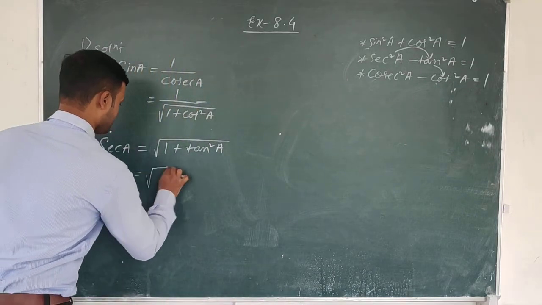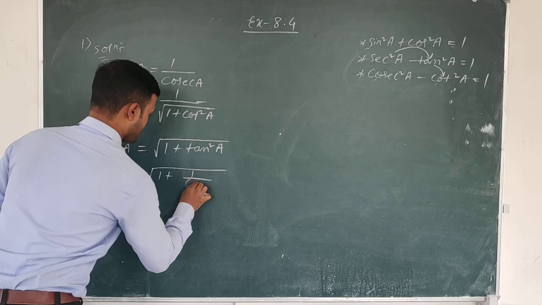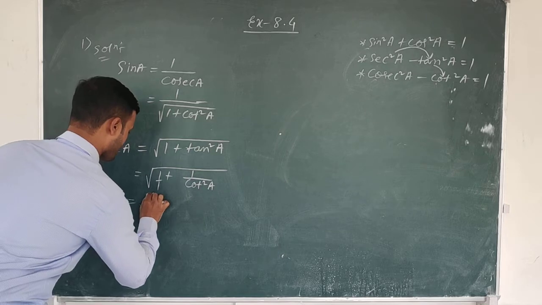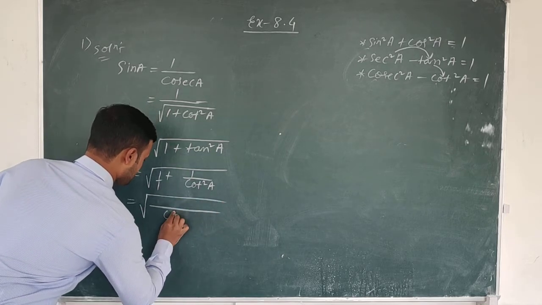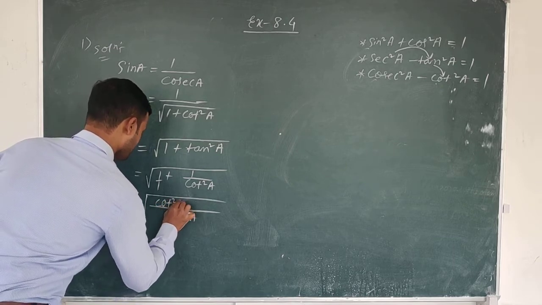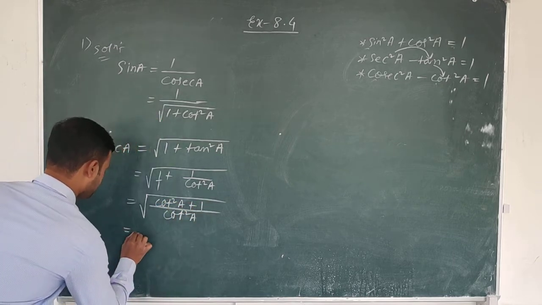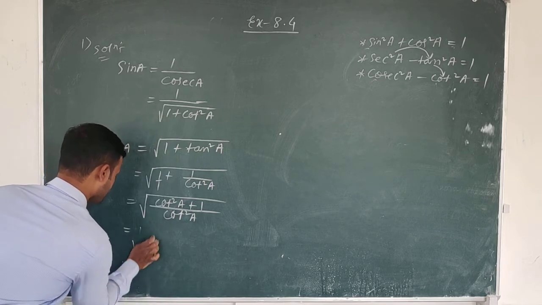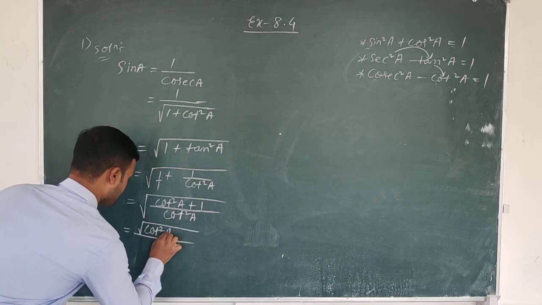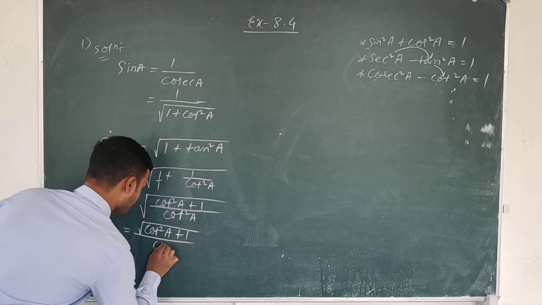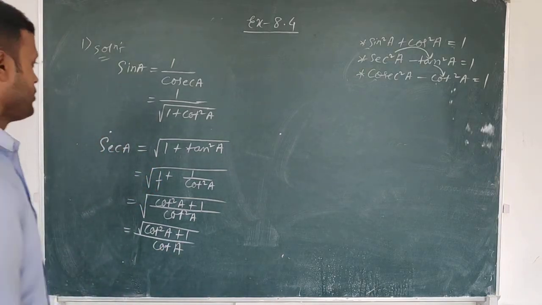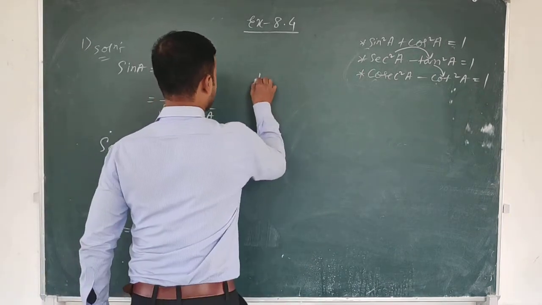Now 1 by cos square A. Converted. Okay. Now tan A to cot A is very easy.